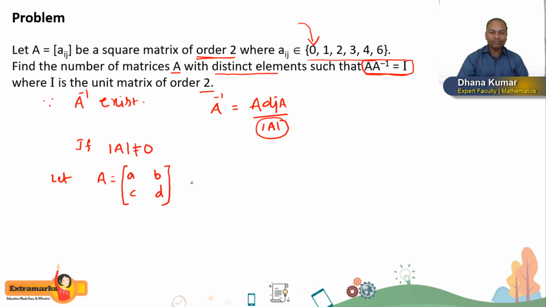Fine. So that implies the det A formula is what here? ad minus bc. So ad minus bc is not equal to 0. That is our question. Okay.